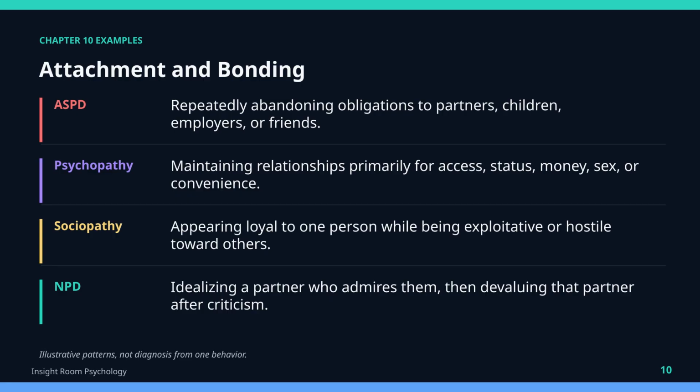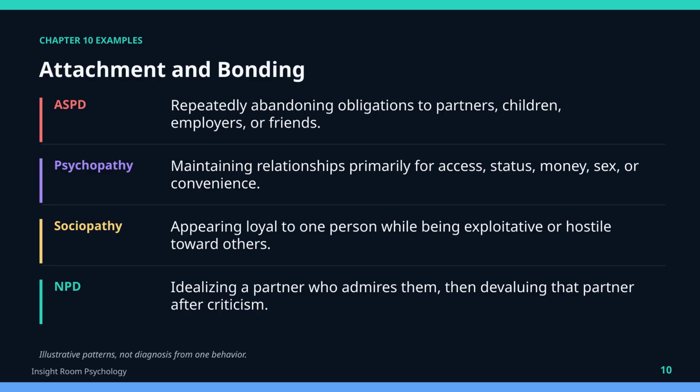For example, someone may appear loyal to one person or one group while being exploitative, aggressive, or callous towards everyone outside that circle. With NPD, attachment often revolves around admiration, mirroring, control, idealization, devaluation, and fear of inadequacy or shame.